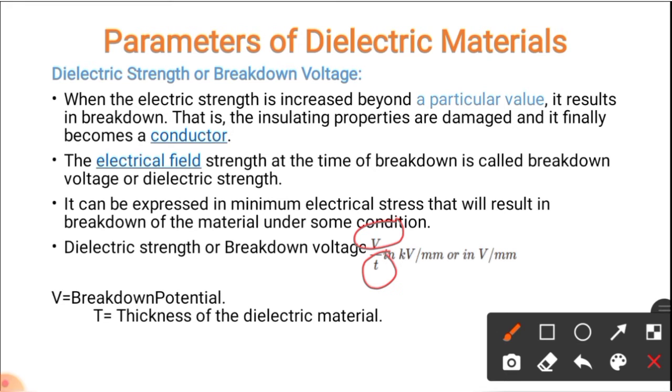Here V is the breakdown potential or breakdown voltage and T is the thickness of the dielectric material. From this equation we can say that as we increase the thickness of the dielectric material, the dielectric strength will reduce.